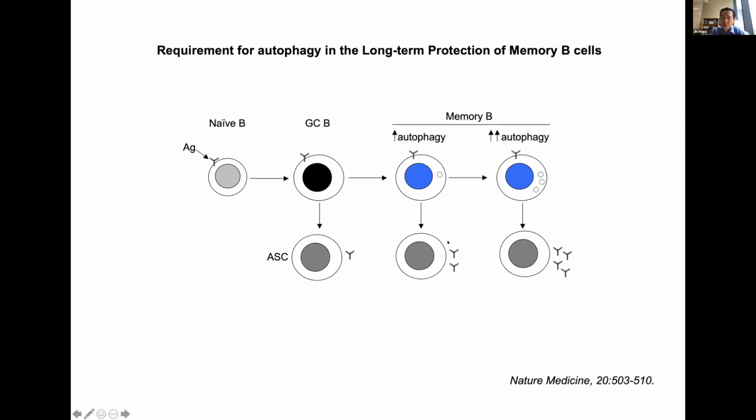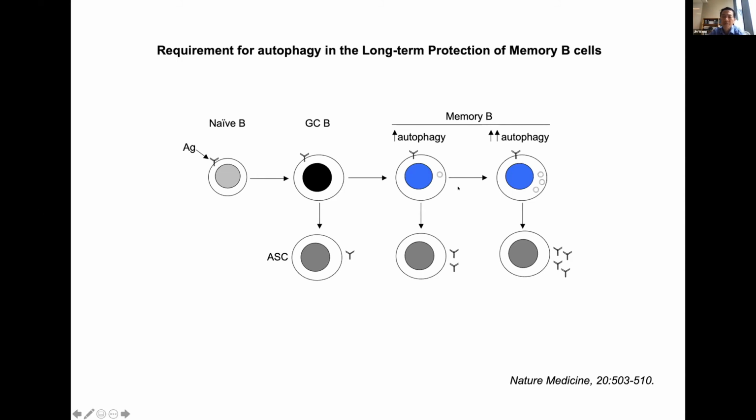A few years ago, we found that a process called autophagy is critical for the survival of immune memory cells. Particularly, we showed for the first time that memory B cells without autophagy die off very quickly, so your vaccine will not work.